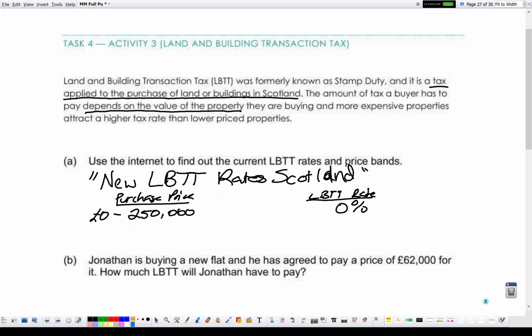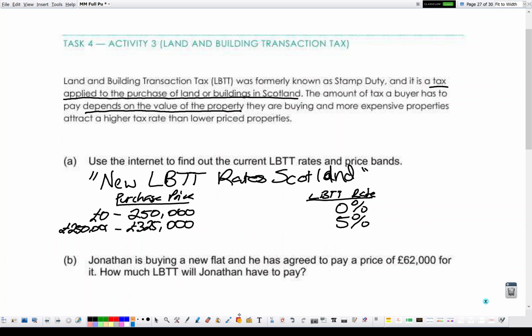The next price band is above £250,000 and up to £325,000. So from £250,000 and a pound, just to be technically correct, to £325,000. If your property is above £250,000, for this price range, you get charged 5% of the amount in this band.